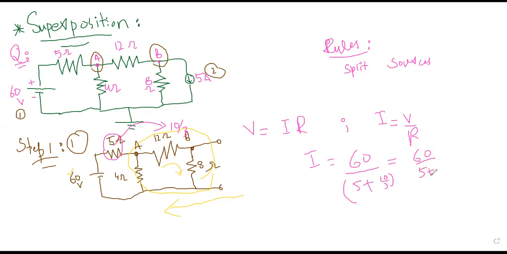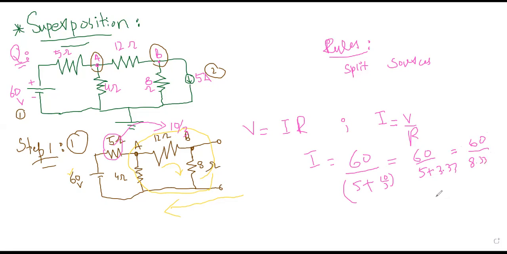5 plus 3.33. So this will be 60 upon 8.33.